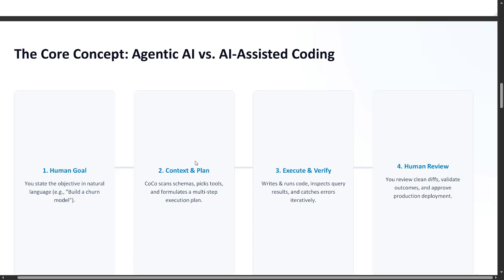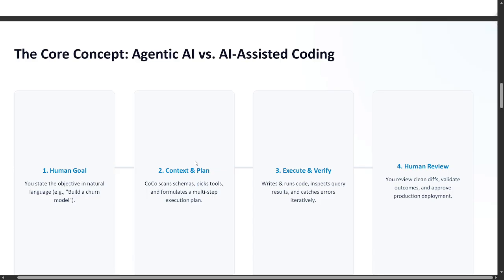CoCo usually scans the schema, picks up the tools that we have there, and formulates a multi-step execution plan. Unlike an assistant, it will formulate a specific plan and it will be driven by the goal. Always remember, guys, which is the goal? That is nothing but your human goal. Third, it will execute and verify. That's the third step it will take.